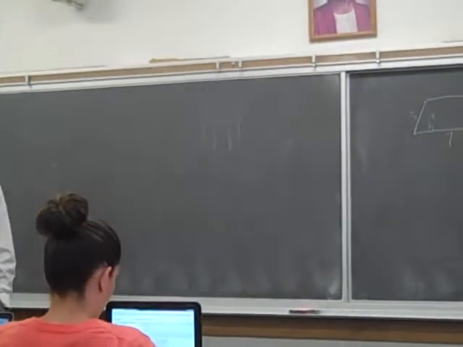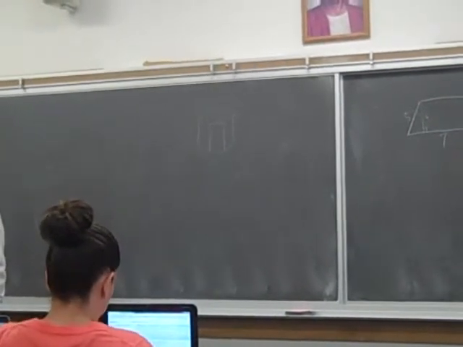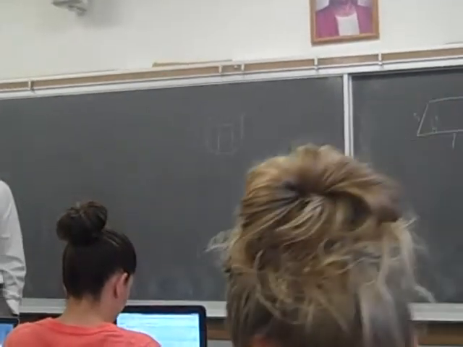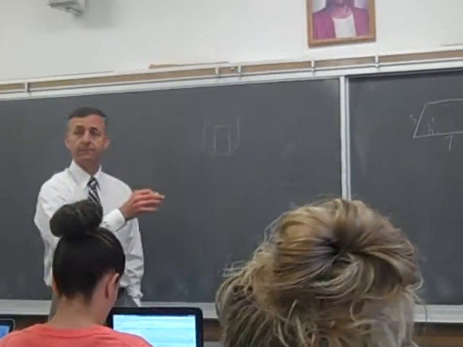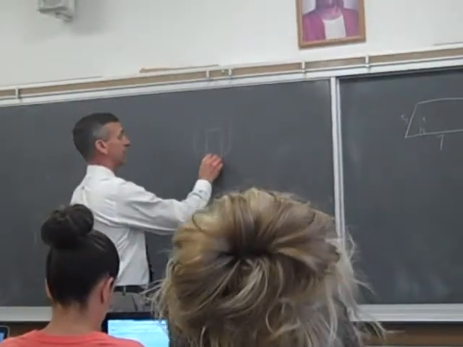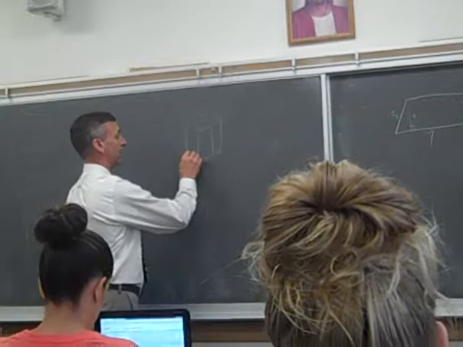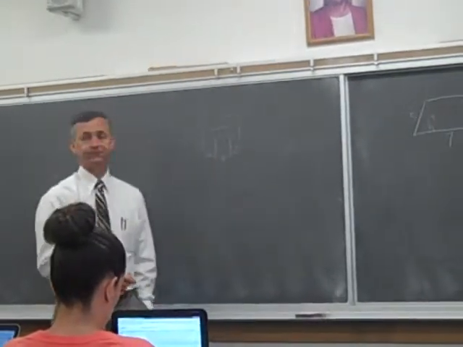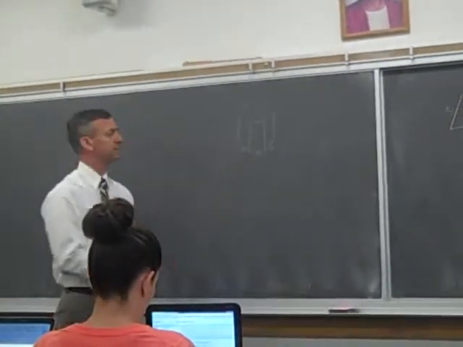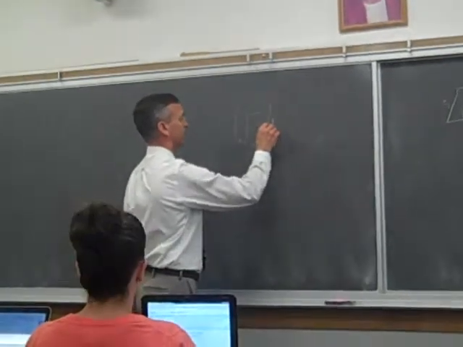What do we know about it? Have you got some data? Somebody got that problem there? Each side is 10 feet. So 10, 10, 10 all the way around, right? And the hot tub is 4 feet deep.